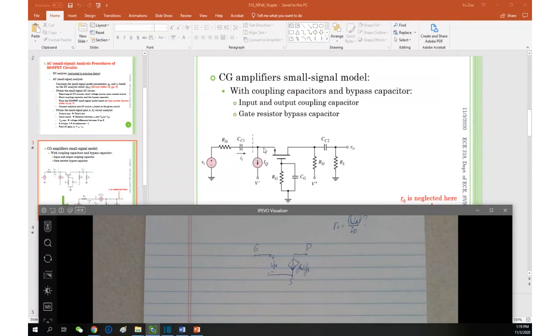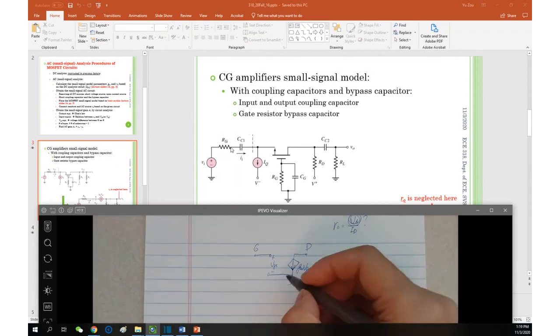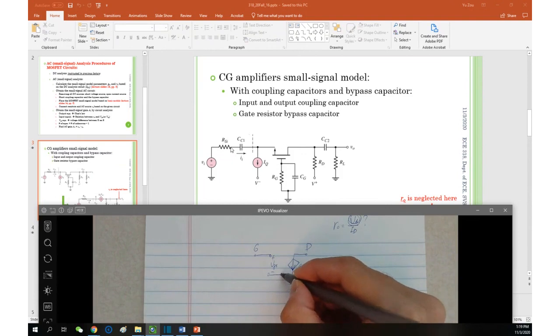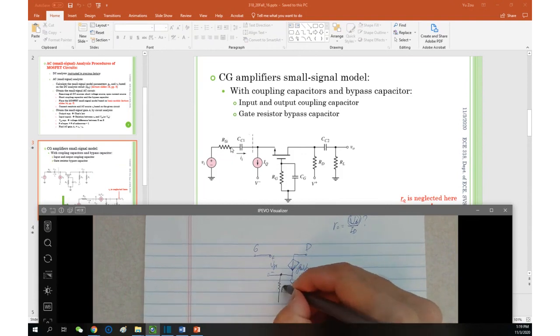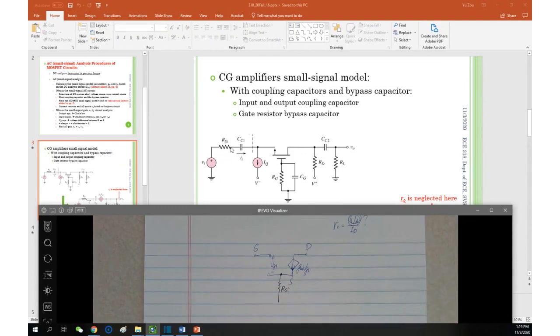The source connects to the shorted capacitor, and then to RSI. The source down here connects to RSI, and the other terminal of RSI connects to the positive polarity of the VI. The negative terminal of the VI is the ground.